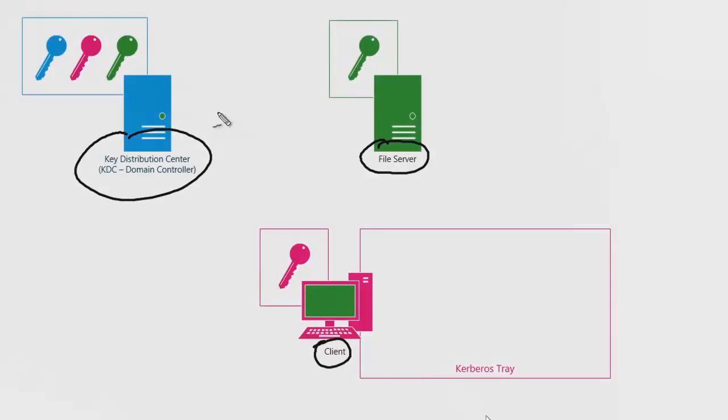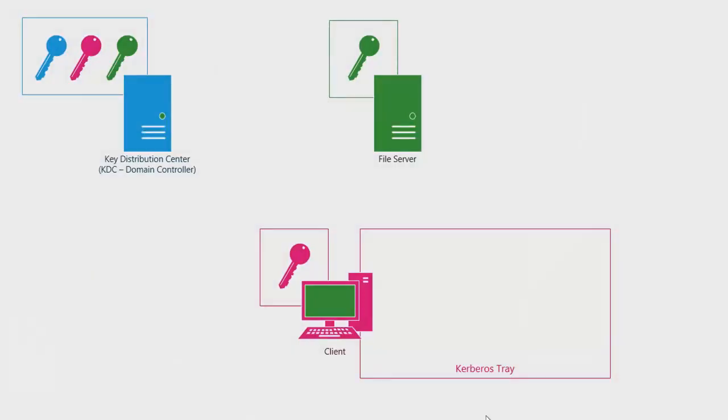Interestingly, in Kerberos, there's no communication between the resource and the KDC. There doesn't need to be. The client actually takes on the majority of the processing burden in Kerberos, which distributes that authentication workload across the network. But it does so in a way that's secure and trustworthy, as we're going to see.